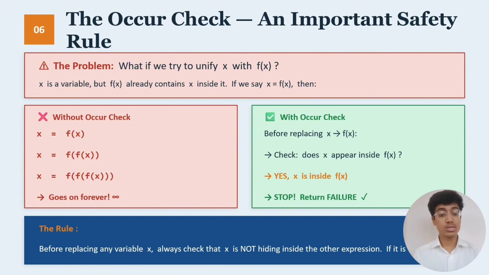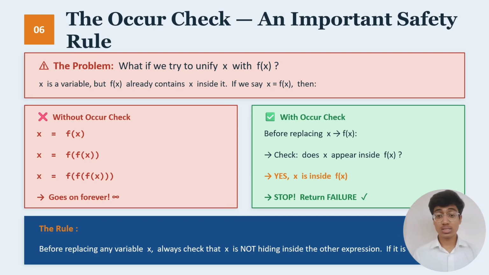Here the brackets go on forever. It goes on continuously like an infinite loop. It continues with that process, f of f of f of x, and so on. The next step is also the same.